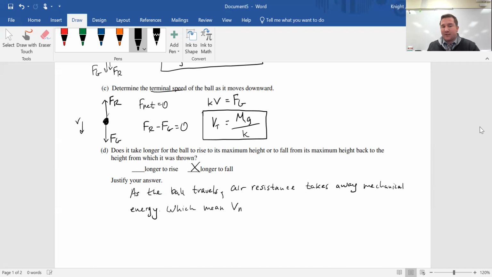the average velocity on the way up is greater than the average velocity on the way down, but the distance is the same.